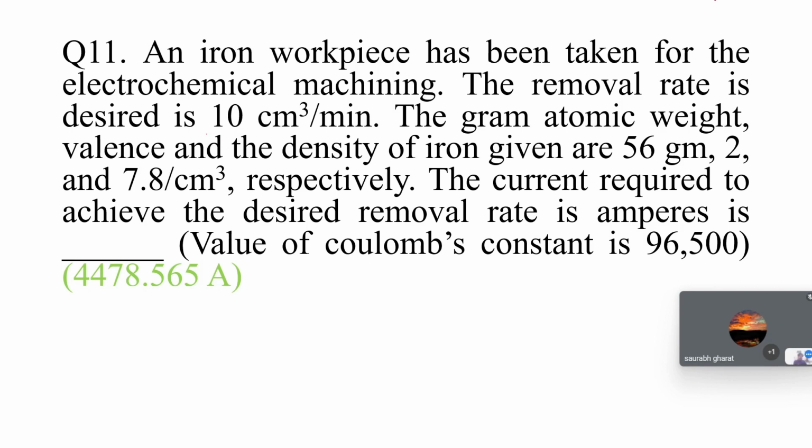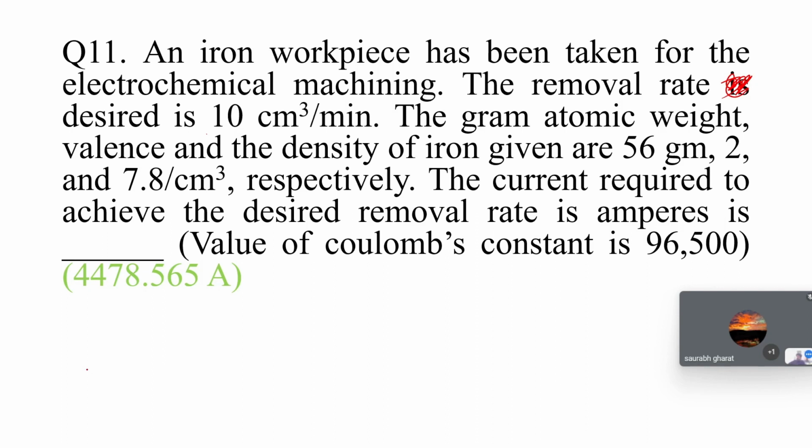I think this is not important here. The gram atomic weight and valence are given, and that is equal to the current to be achieved. So we need I here. And what's the formula for this part? You know the formula there.